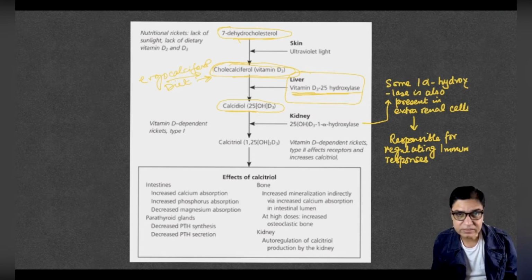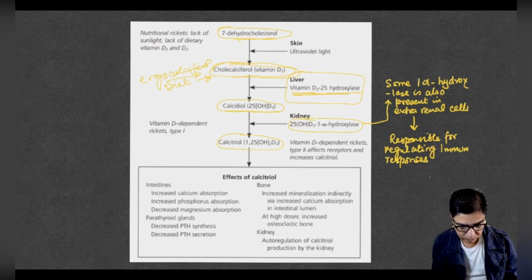Once you've got the calcidiol, it then goes to the kidney, where the enzyme 25-hydroxy vitamin D 1-alpha-hydroxylase, a very important enzyme, converts calcidiol into calcitriol. So now you have got another hydroxylation at position number 1. The liver did it at position 25, the kidney did it at position 1.